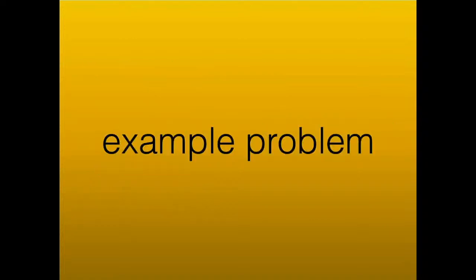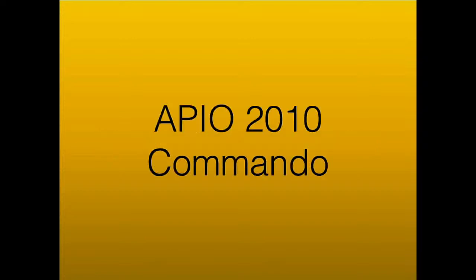Okay, so an example problem. This is quite a classic problem when we talk about this. But in case some of you are not familiar, I'm going to show how this is useful for optimizing dynamic programming.